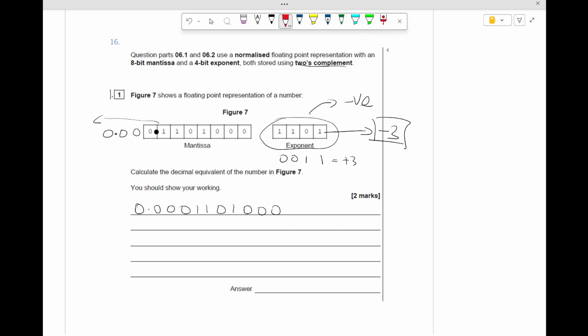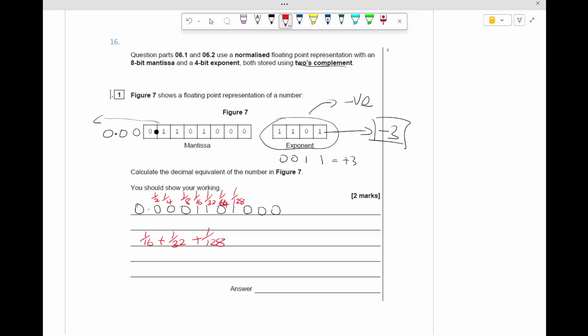So in red I could just easily put that as, okay, that's a half, quarter, an eighth, 16th, 32nd, 64th and 128th. Now you could get your calculator out and just do the maths. So we've got 16th plus 32nd plus 128th.